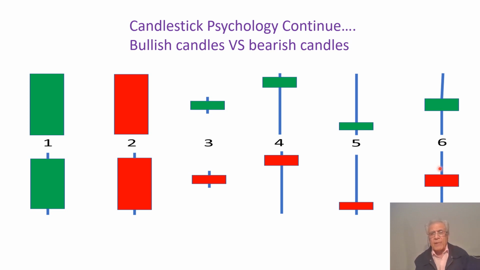For example, if you see these two candles at the top of an upward trend, above a long bullish candle, that indicates that the bullish power is almost at an end and we are close to reversal.